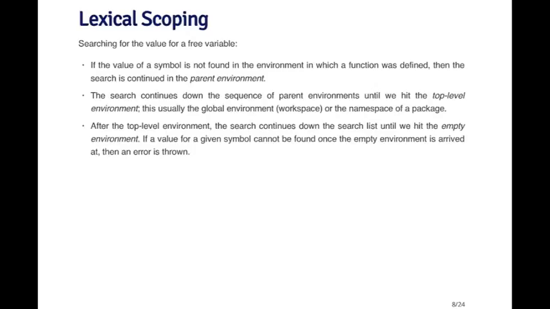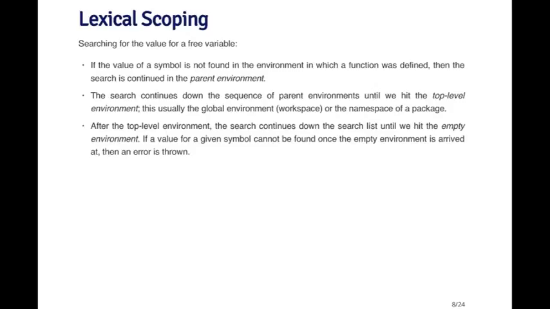If I can't find something in the global environment, then the search continues in what's called the parent environment of the global environment. In the usual case, if I define a function in the global environment, its parent environment is the next thing down on the search list. So you just go down the search list until you eventually find the value for this free variable.